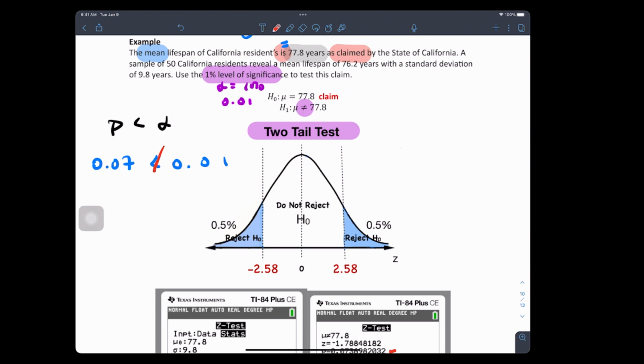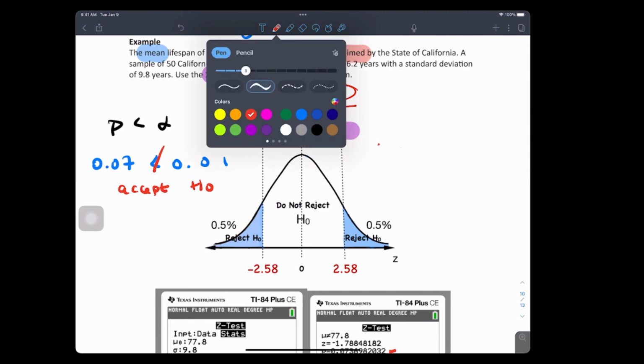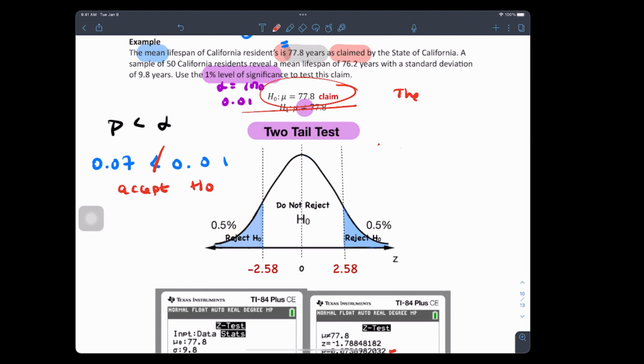No. What does that mean? You accept the null. And you're rejecting the alternate. So in conclusion, the sample supports the claim, okay, because the claim happens to be the null.